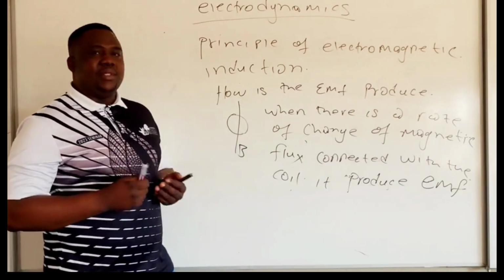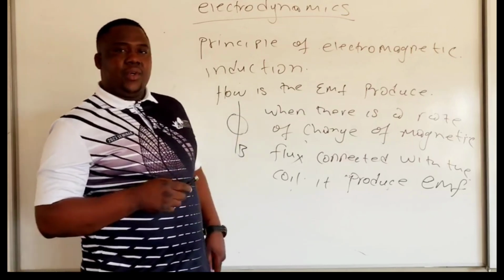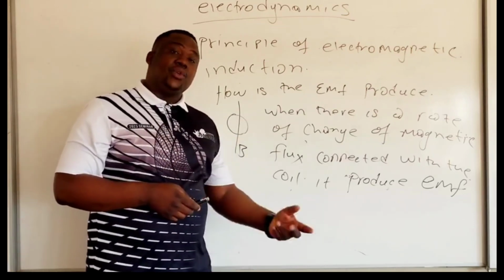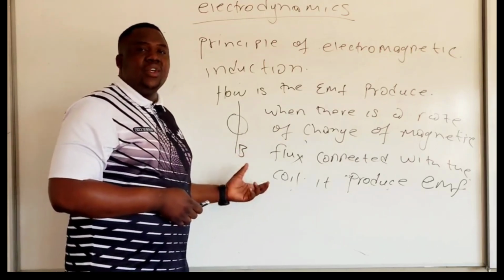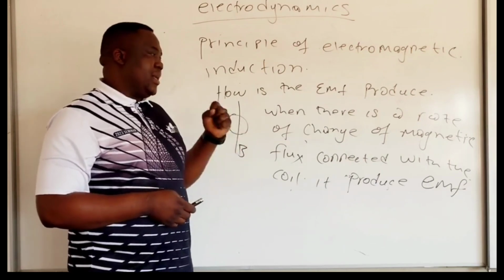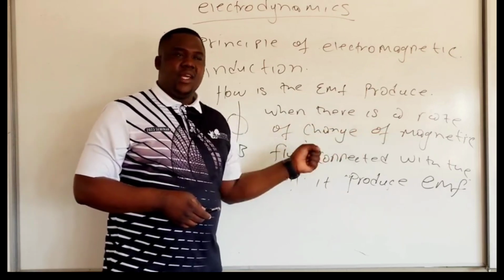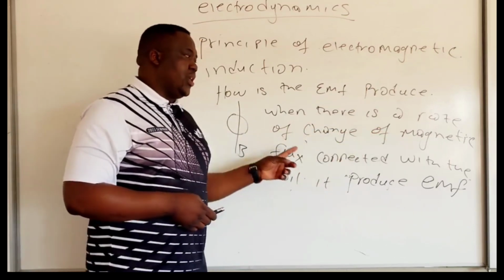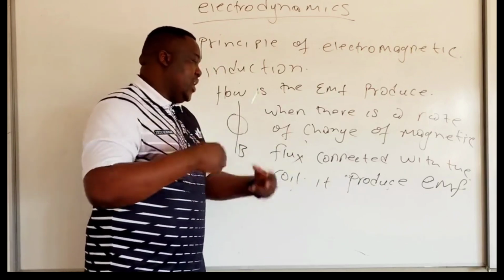So we assume that you have that basic knowledge of grade 11. You can watch the videos for grade 11 which explain in detail. So now, since we assume that we know what magnetic flux is, we are saying that the current and the voltage are going to be produced when there is a rate of change of magnetic flux connected with the coil.